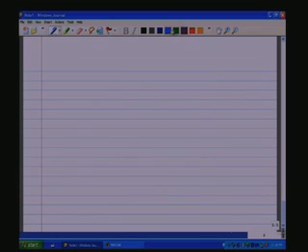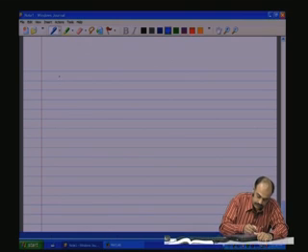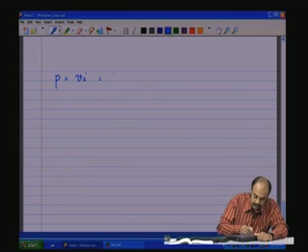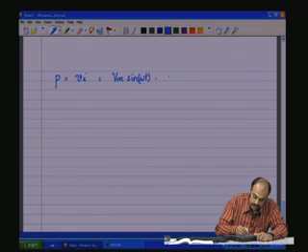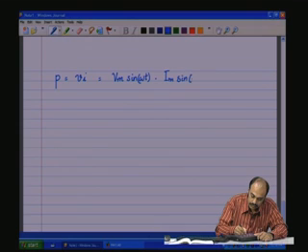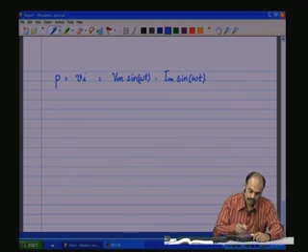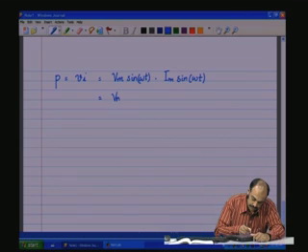If you look at the power waveform, power P, which is equal to V into I, this is nothing but Vm sin omega t into Im sin omega t. This is equal to Vm Im sin square omega t.